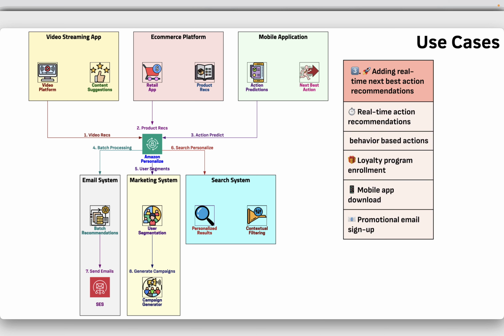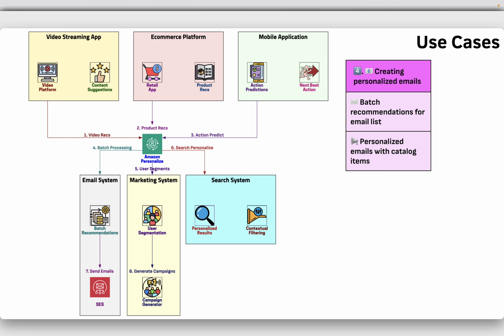Third, adding real-time next best action recommendations to your app. So you can use customizable Amazon Personalize resources to recommend the actions that your users will most likely take based on their behavior. For example, you can add real-time recommendations for enrolling in your loyalty program, downloading your mobile app, or signing up for promotional emails.